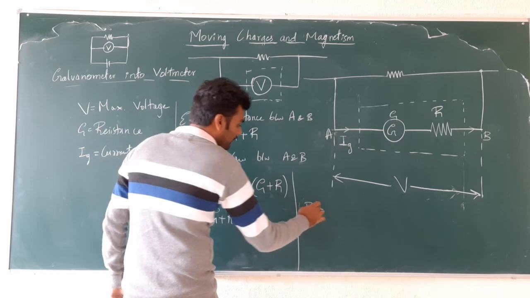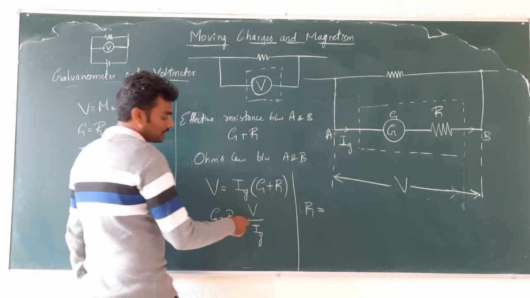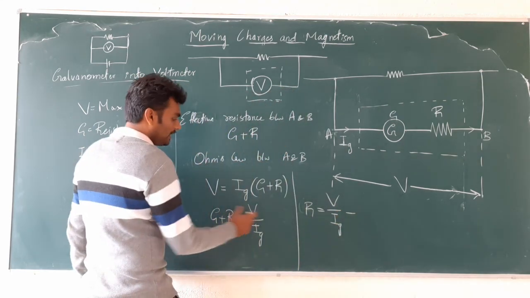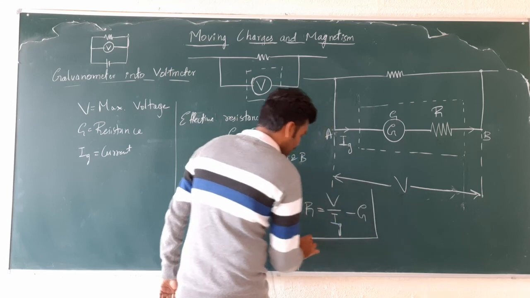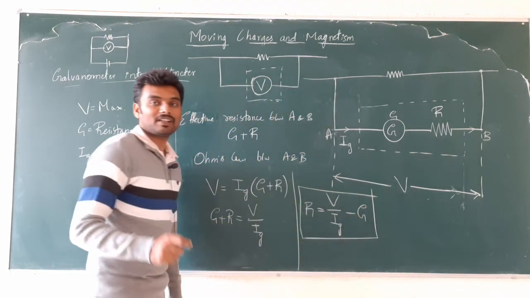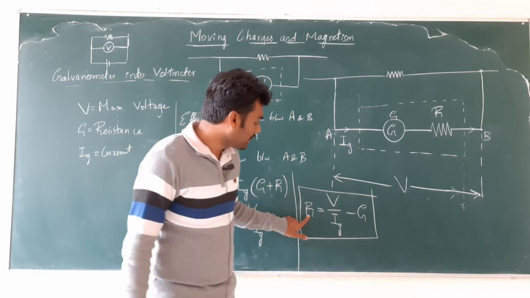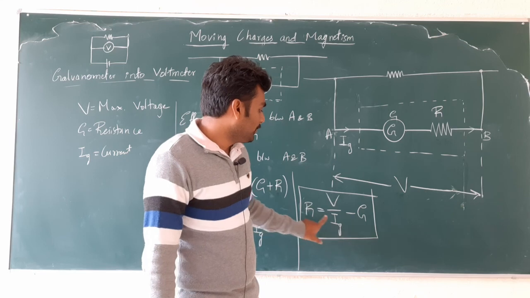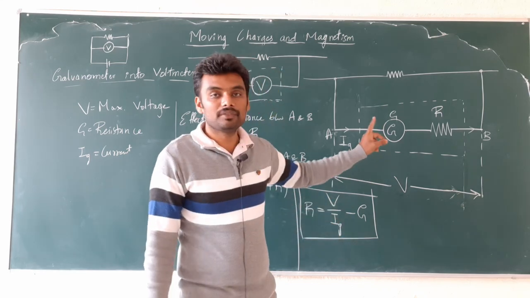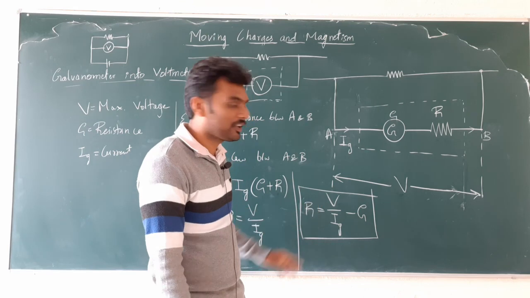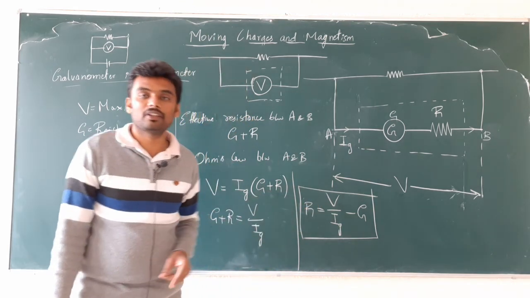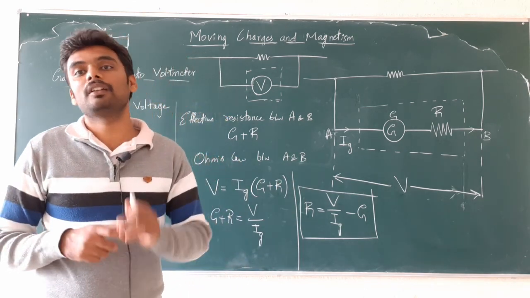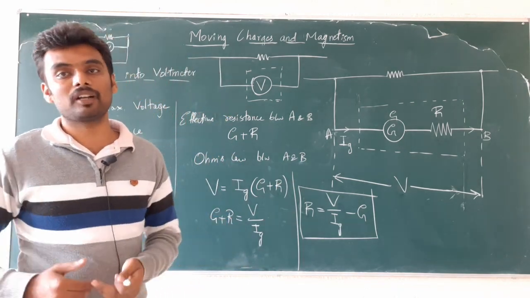R, the resistance that has to be connected in series, is equal to V by IG minus G. So this is the expression which will help us in deciding the value of resistance that has to be connected in series with the galvanometer, depending on what voltage we need to measure. Here V is the maximum voltage that we need to measure, and R is the resistance that has to be connected in series with the galvanometer to convert that galvanometer into the voltmeter of our requirement.